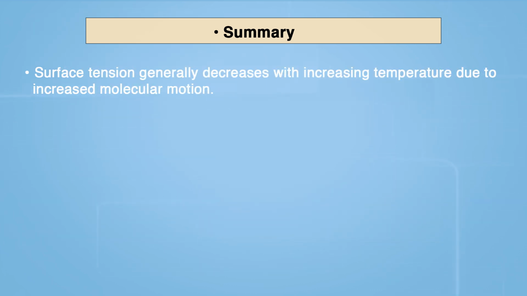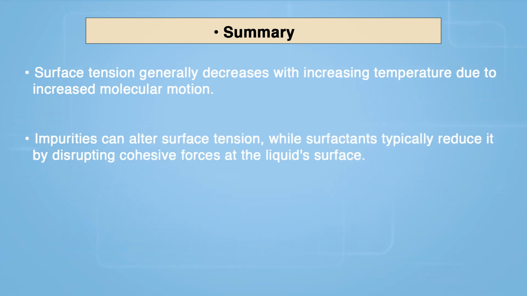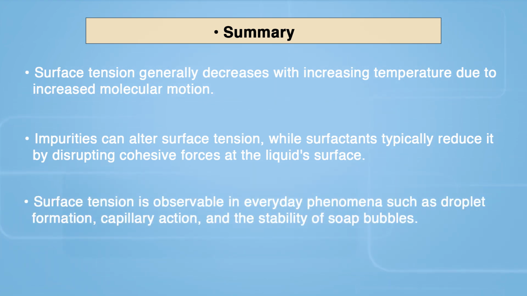Surface tension generally decreases with increasing temperature due to increased molecular motion. Impurities can alter surface tension, while surfactants typically reduce it by disrupting cohesive forces at the liquid's surface. Surface tension is observable in everyday phenomena such as droplet formation, capillary action and the stability of soap bubbles.